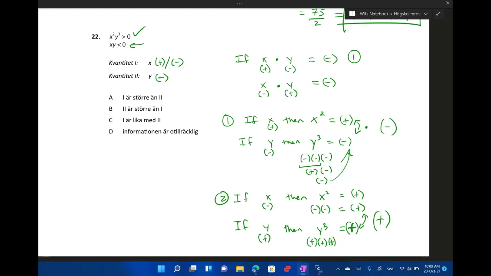They could be both positive numbers, maybe positive 2. And then it says the information is not enough. I think that's not enough, because it's not very clear what the numbers can be. So since x could be a positive or a negative number, that's why we're going to say it's not enough information. So our answer is D.